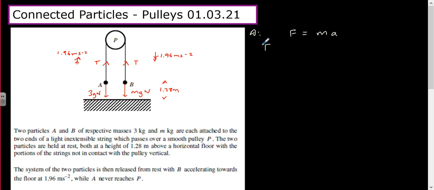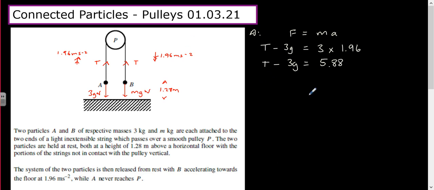So I have the tension up minus the 3g down, equal to the mass 3 multiplied by the acceleration 1.96. Tidy that up a little: T minus 3g equals 3 times 1.96, which on the calculator is 5.88. That's as far as I can go with particle A.